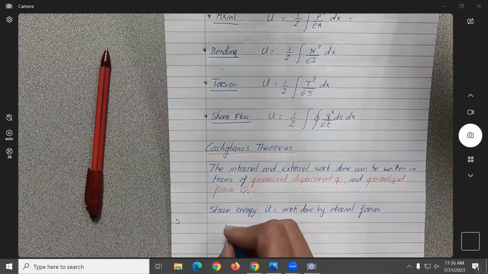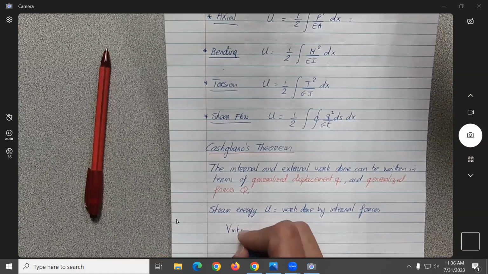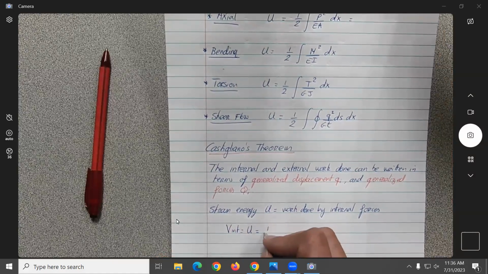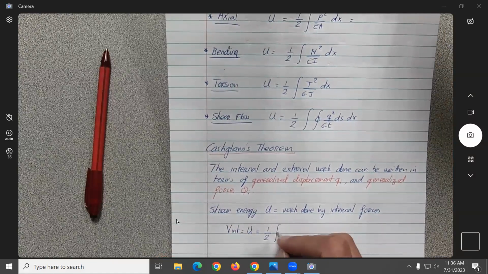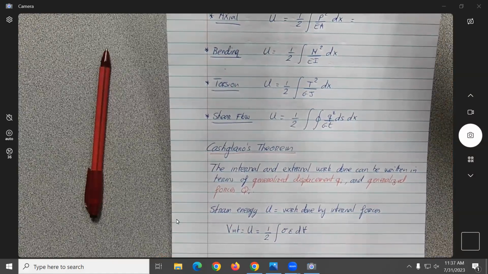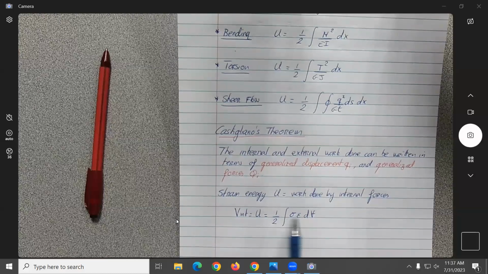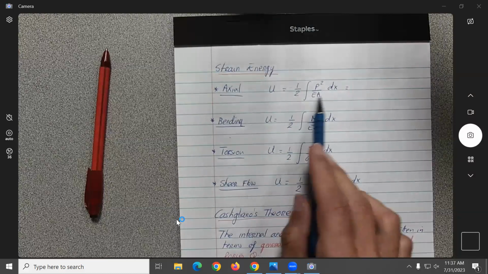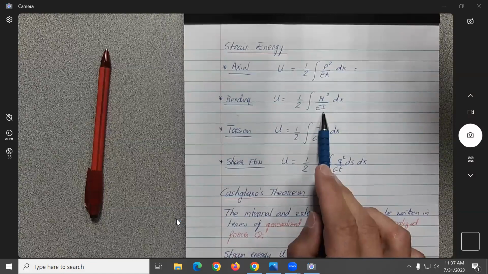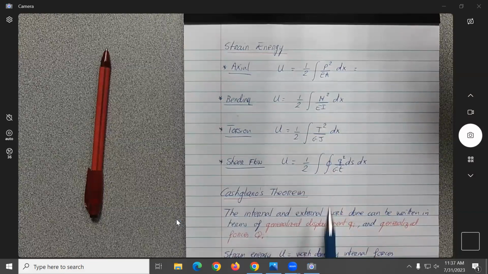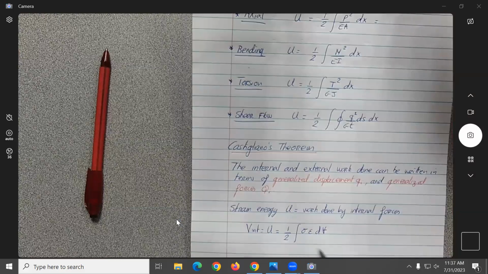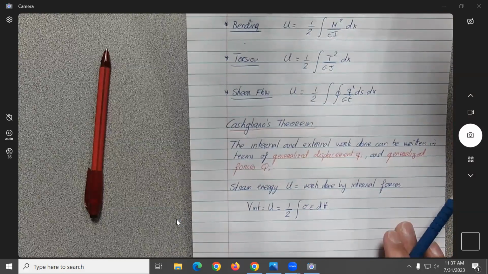Okay, so basically we're going to have V internal, which will be equal to the strain energy. We can replace that by 1/2 of stress times strain times dV. And remember, this term over here is equal to this for axial, equal to this for bending, equal to this for torsion, equal to this for shear flow, no? So that's supposed to be the same term.